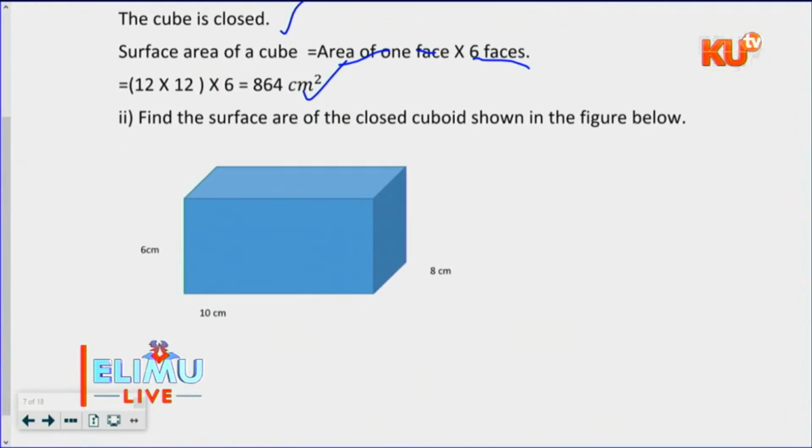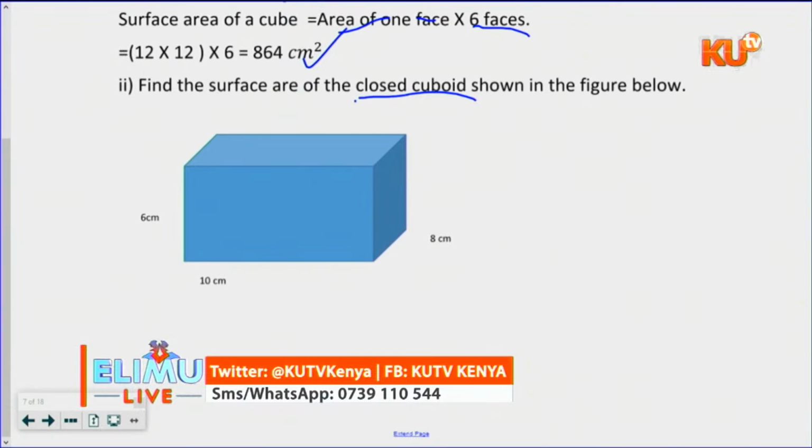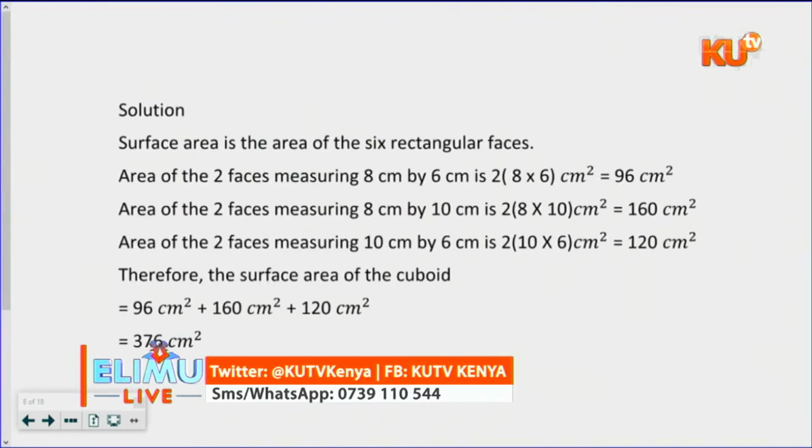Find the surface area of a closed cuboid. And keywords, underline the keywords, closed cuboid, shown in the figure below. The cuboid is closed. What is its surface area? The first thing that should run into your mind, what is the formula of a closed cuboid?